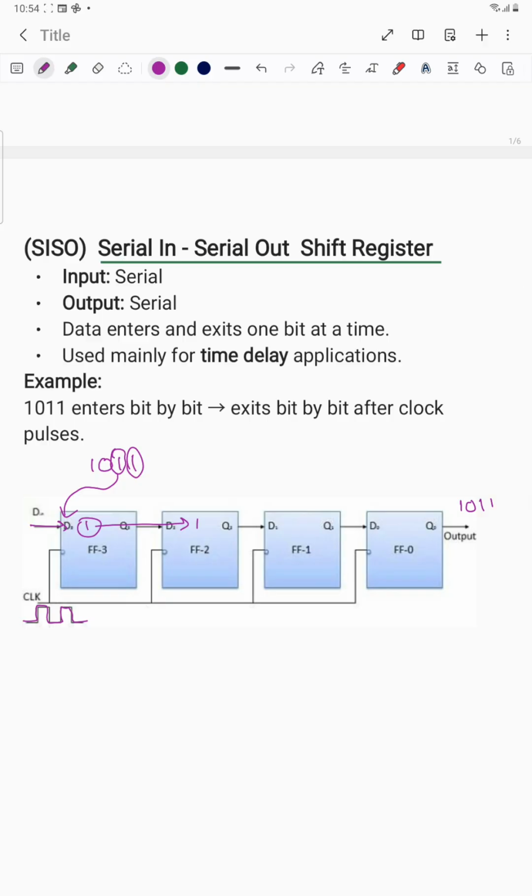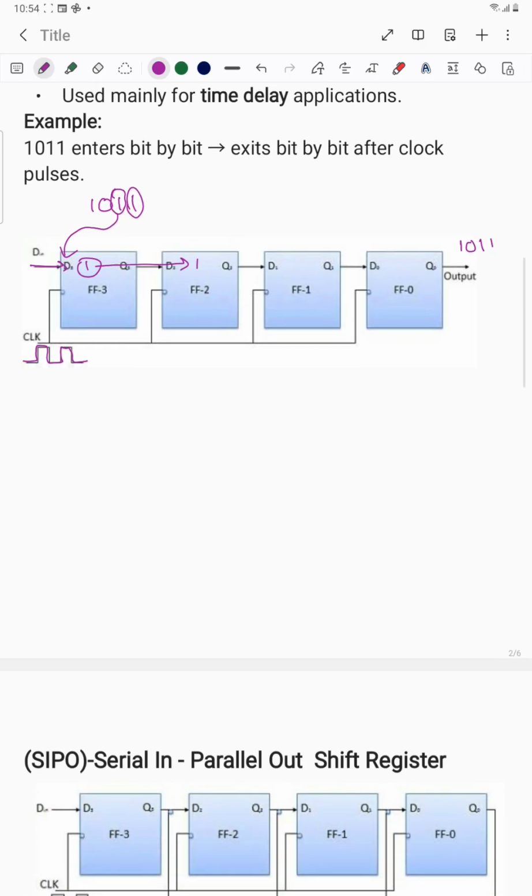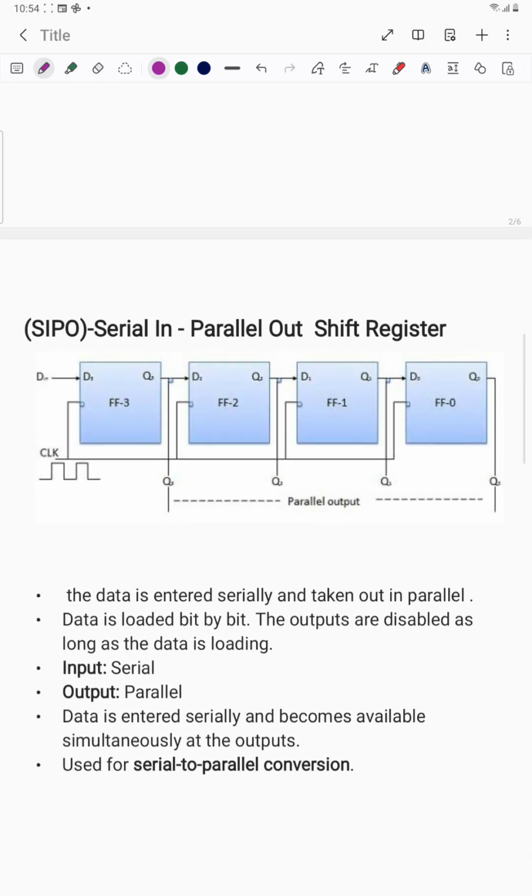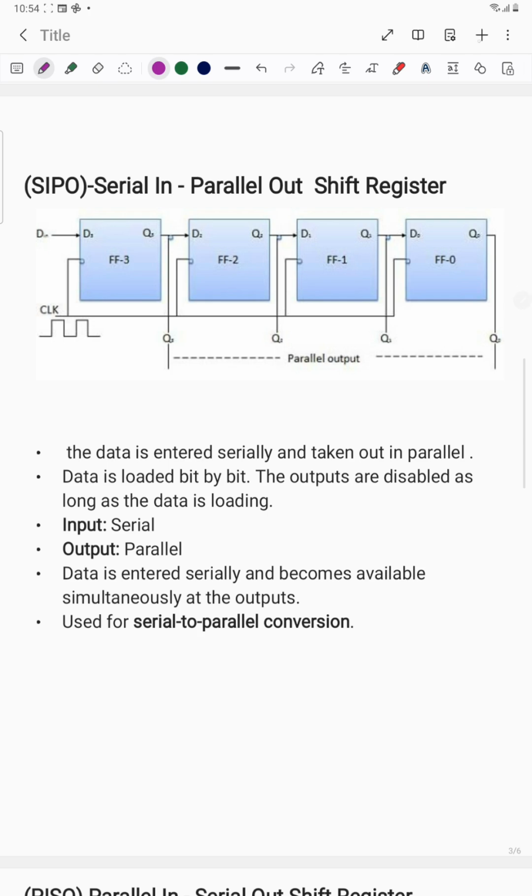Then we are going to the next one, serial input and parallel output shift registers. The block diagram is exactly the same as the serial input serial output shift register, but one difference is that here we take the output in parallel form.